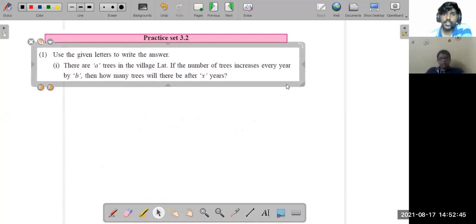If the number of trees increases every year by B, then how many trees will there be after X years? How will you do this?